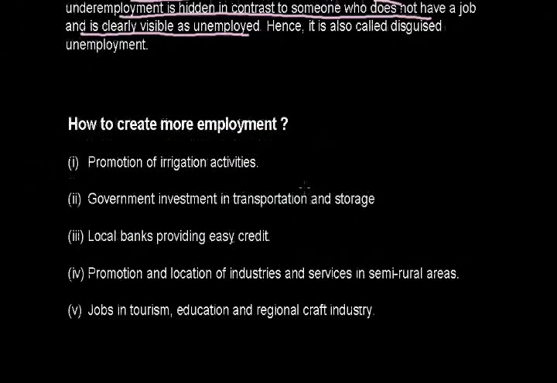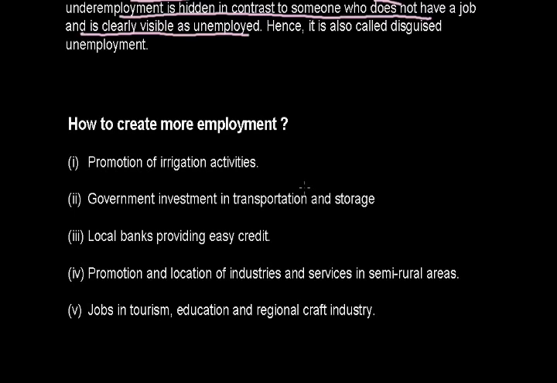If we come towards the last part of the module, we'll be discussing how to create more employment. As we have already said, in our country, most of the people are engaged in agriculture, but it is contributing very little to the GDP. So most of the people are suffering from disguised unemployment, or we can say they are underemployed.